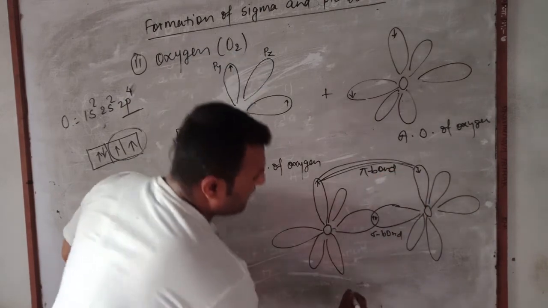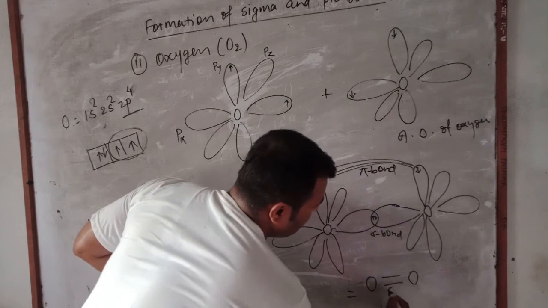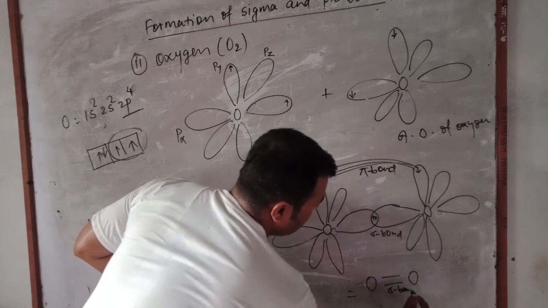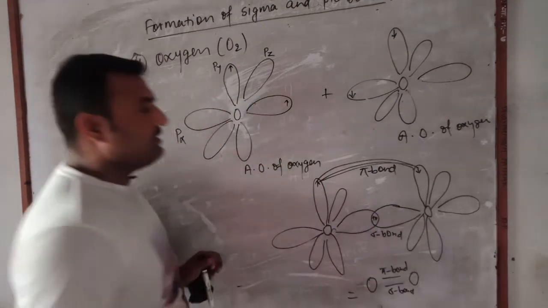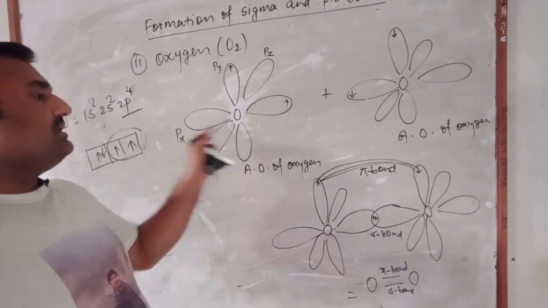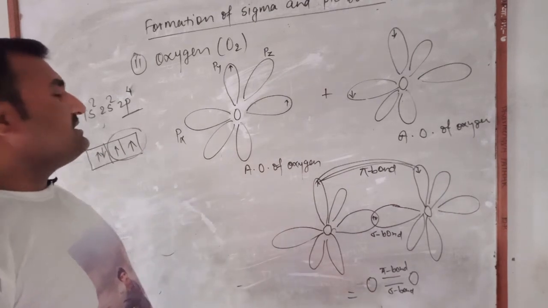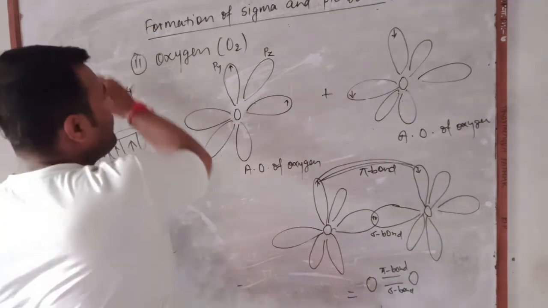And in this way we find that in oxygen a double bond is present. One is a sigma bond, another is a pi bond. And pp side by side overlapping causes a pi bond, and in the oxygen molecule both pi bond and sigma bond exist.